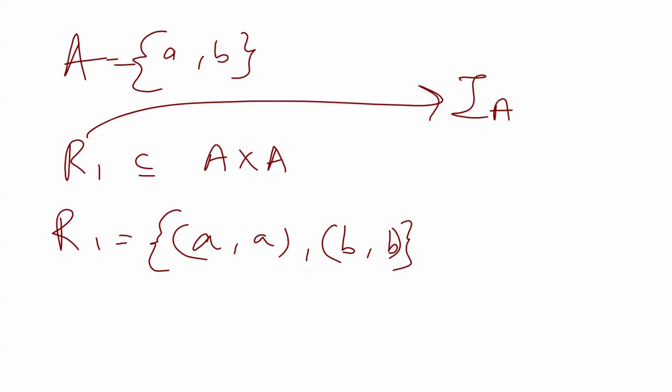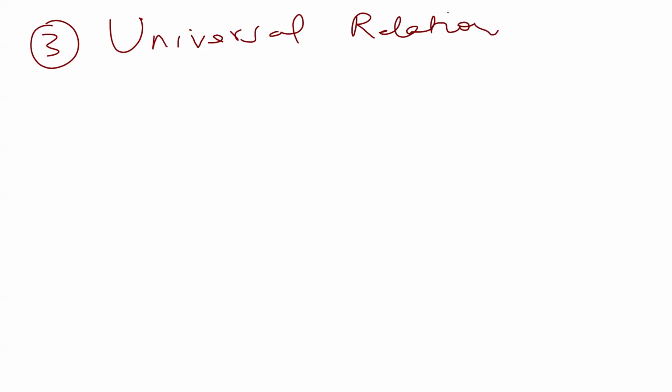Now the third type is universal relation. Universal relation. Okay.